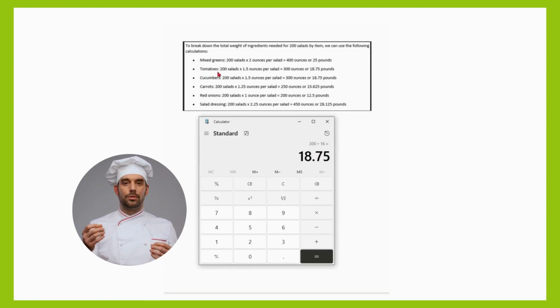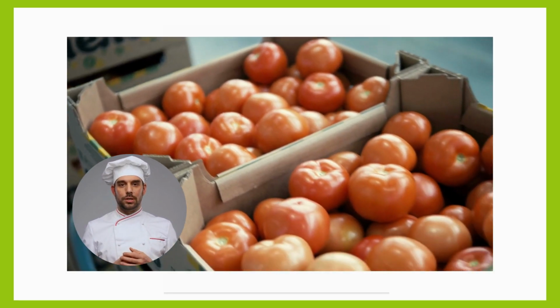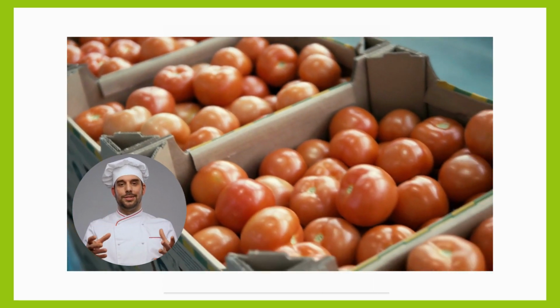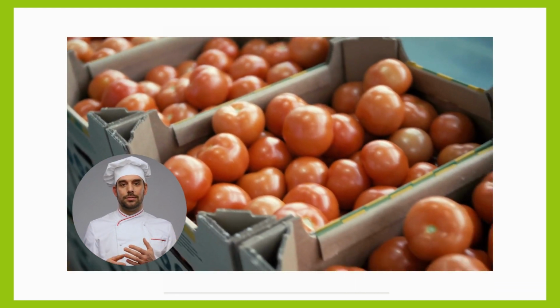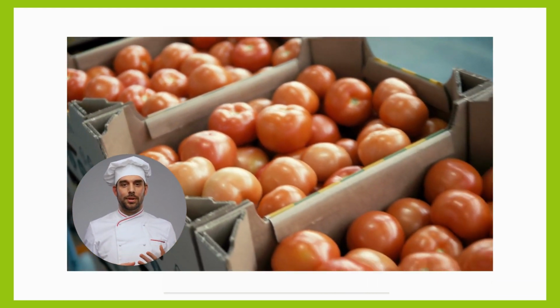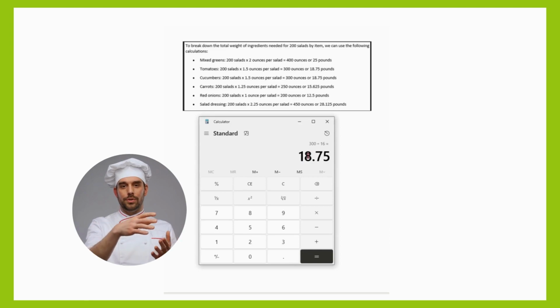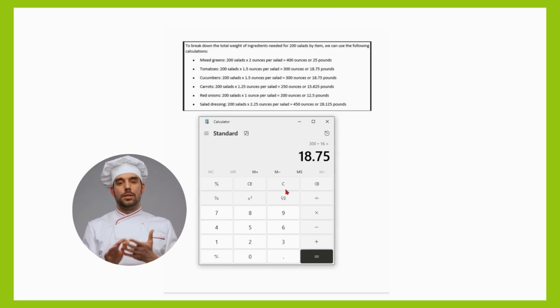I know that cases of tomatoes are usually 20 pounders, or 20-pound cases. So one case should be enough, but you need to consider that you're going to have a little bit of waste. Somebody's not always going to cut the tomatoes right. We're talking about a couple of wedges or maybe some large diced tomatoes on there, but you've got a little bit of core in there.